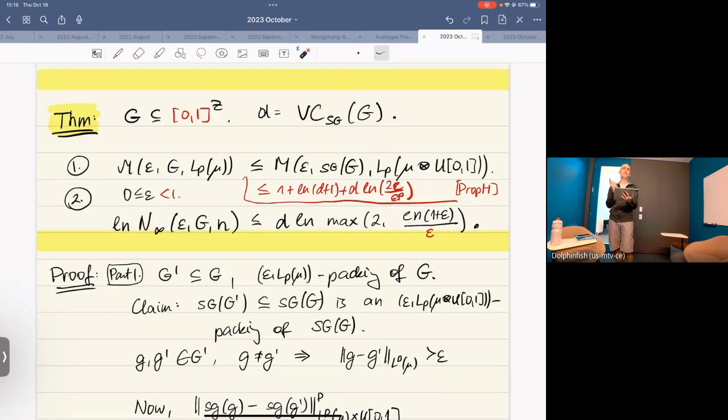And so once you have that inequality, then Haussler's result that I was highlighting at the beginning is going to imply this inequality here. So you have these log terms, but then after that you have d log. This is just e, that's just a constant. It's just a bit messy, but okay, let me fix it. This is just e divided by epsilon to the power of p.